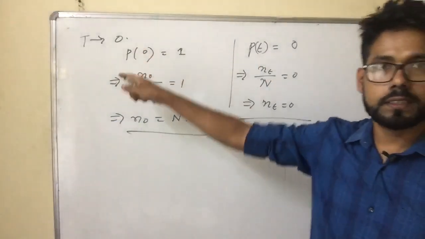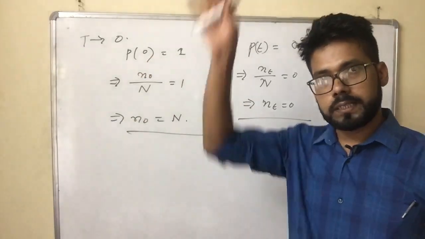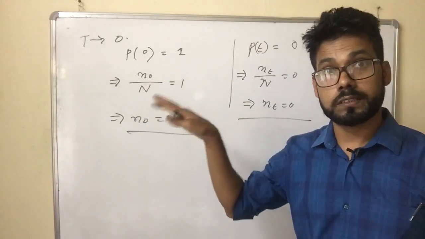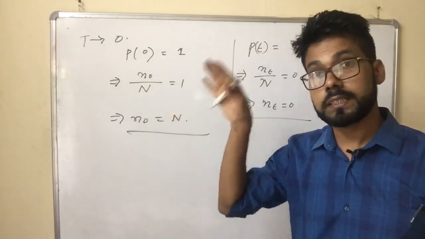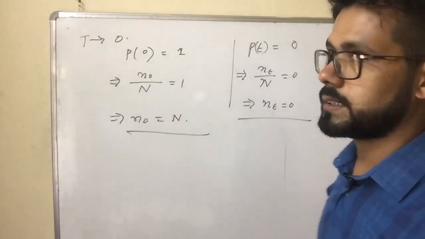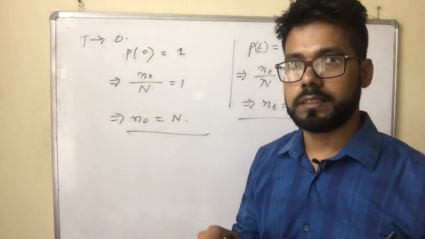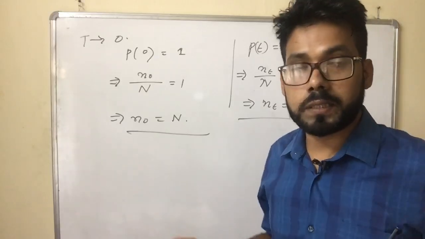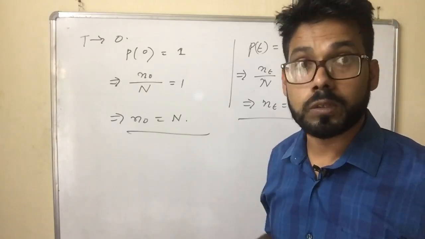So when temperature tends to 0, all the particles from the excited state fall to the ground state, and this is known as Bose-Einstein condensation. But this is only for bosons. In the case of electrons, it will not happen, because according to the Pauli principle, an energy level cannot accommodate more than 2 electrons.